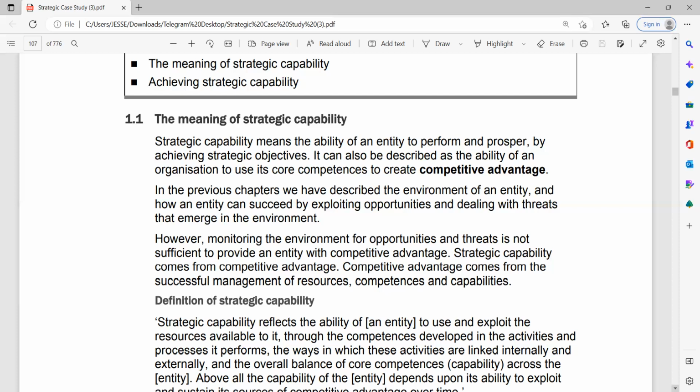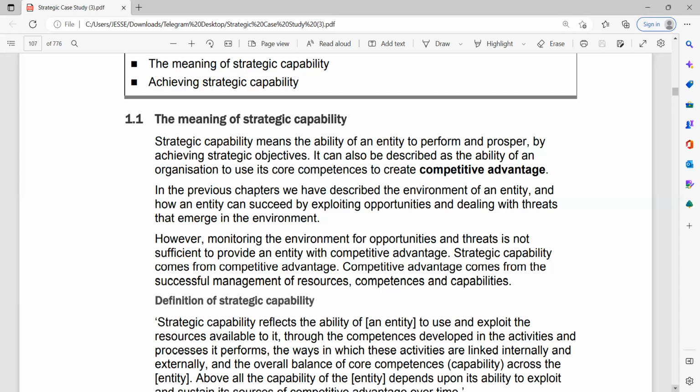So I hope this is quite clear. Competitive advantage comes from successful management of resources, competencies, and capabilities, right? So anytime you hear the term strategic capability, you know exactly what it means.